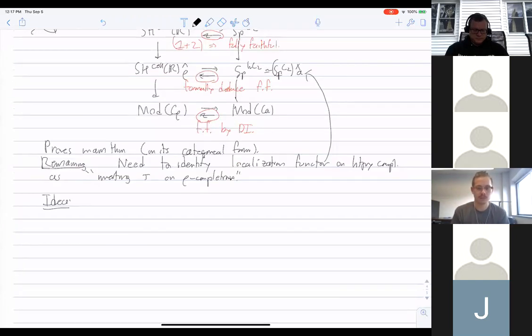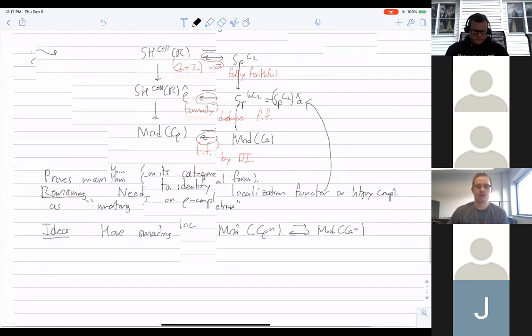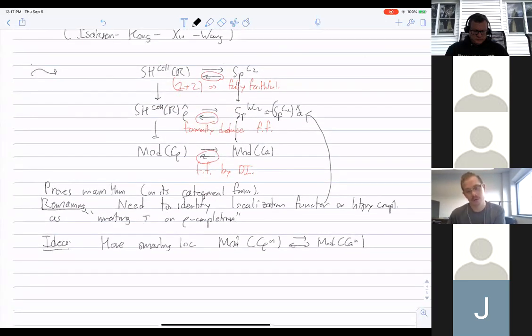Well, the idea is that I have already a smashing localization. If I look at modules over the cofiber of rho to the n, and take that adjunction with modules over the cofiber of a to the n, these intermediate statements are going to imply some statement at infinity, because if I take the rho complete category, that's the inverse limit over modules over the cofiber of rho to the n, and likewise for the other side.